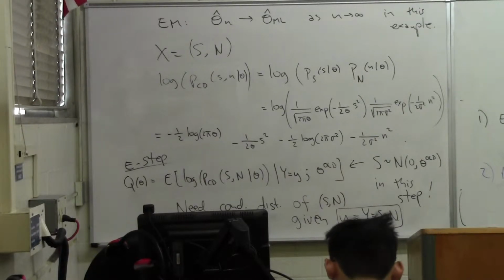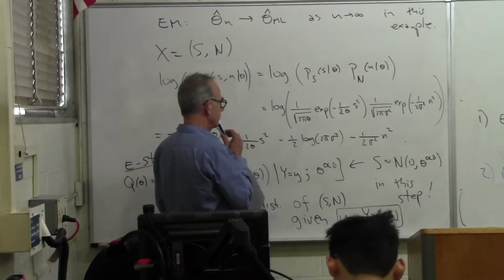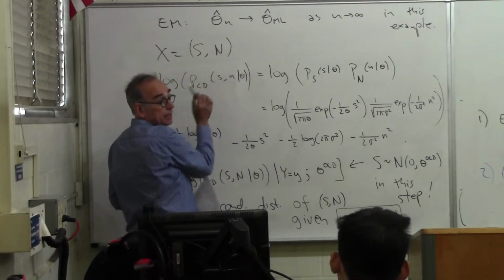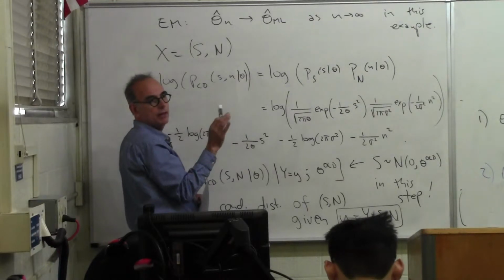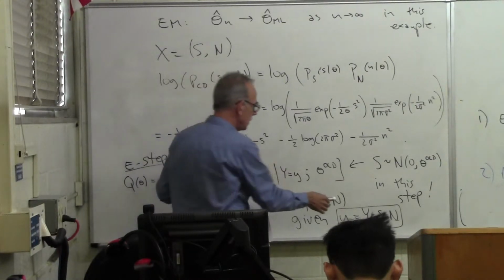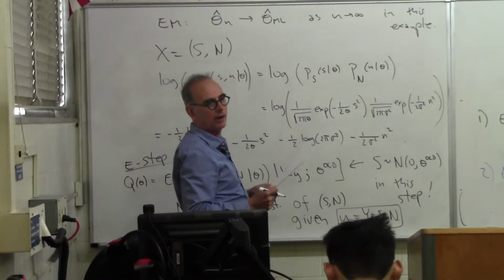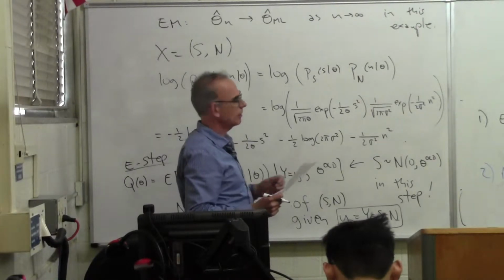Because S and n both appear in here. I'm going to plug in big S and big N here, and it's true that n is always N(0, sigma squared), but once I observe the sum, the conditional distribution of each changes. And so.